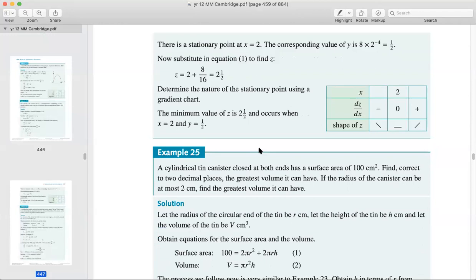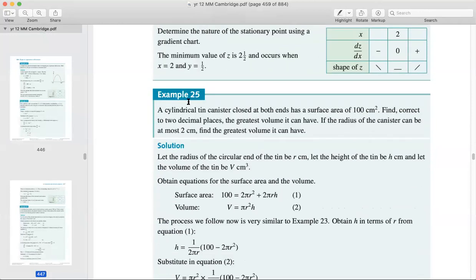Okay, and essentially example 25 is the same thing, because we have a cylindrical tin or cylinder. The surface area and volume will be given, but again we involve two unknowns, which are r and h. Remember pi is just a constant, approximately 3.14, so it's not affected by the derivative.